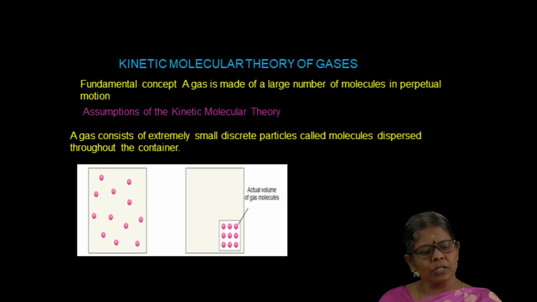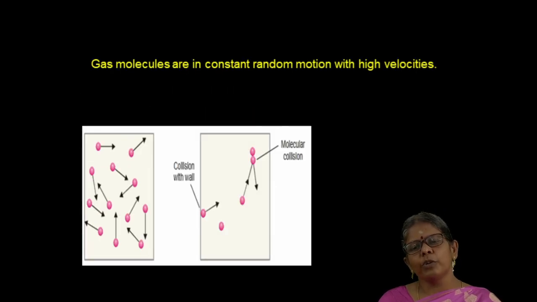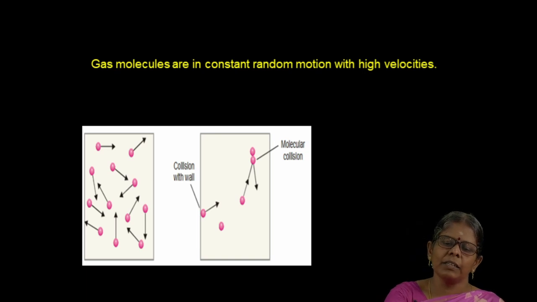The next assumption is that the gas molecules are in constant random motion with high velocities. This diagram clearly indicates that all the gas molecules are not moving in the same direction. All the molecules are not moving at the same speed. They are moving in a random manner, that is, in any direction and with different speeds also. But the velocities are not small.